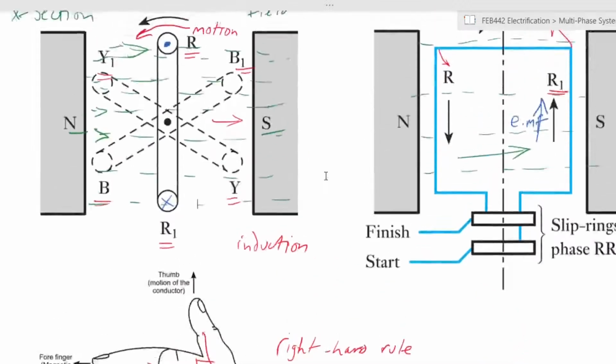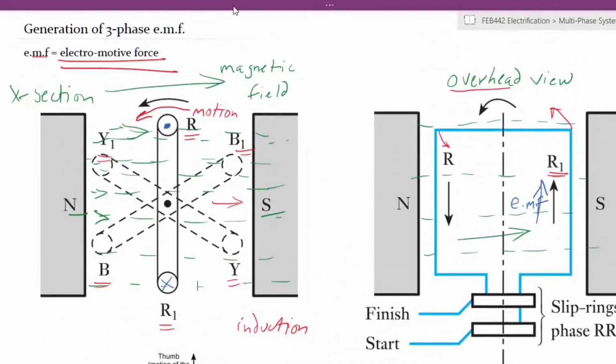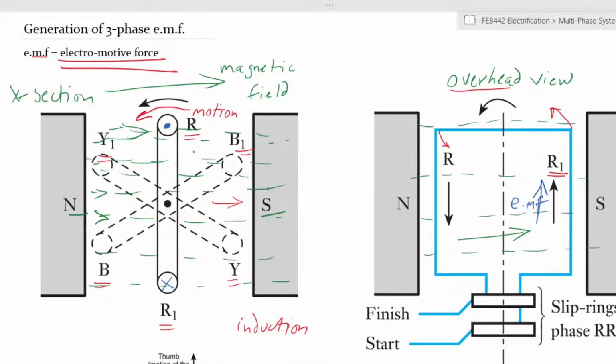So now if you were to put in three sets of current carrying conductors at different angles to each other. If you take the R side of the conductor as the primary one, you put in on the same axis another current carrying conductor at an angle shown.